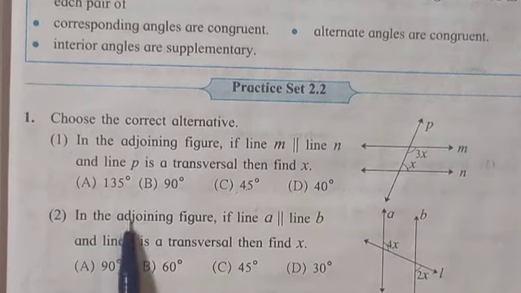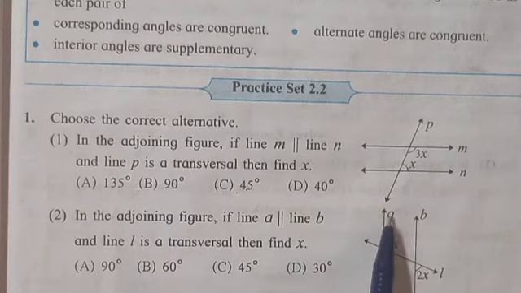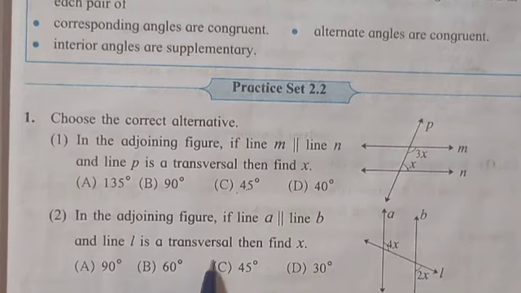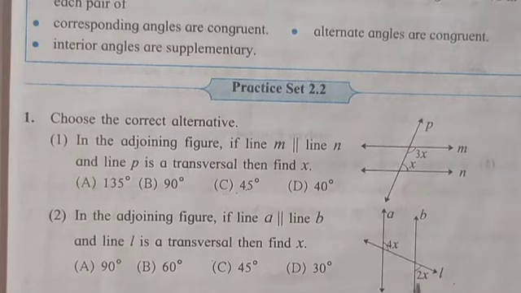Now in the adjoining figure, line A and B are parallel and line L is a transversal, then find the value of x. Here this angle 4x and this 2x is given.